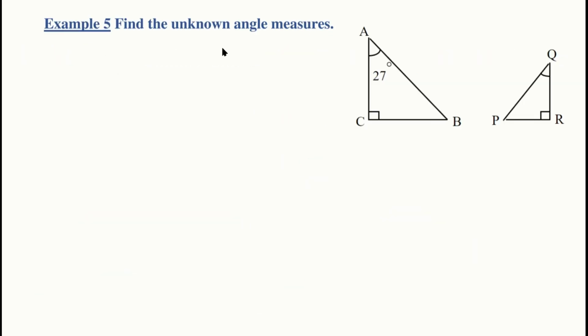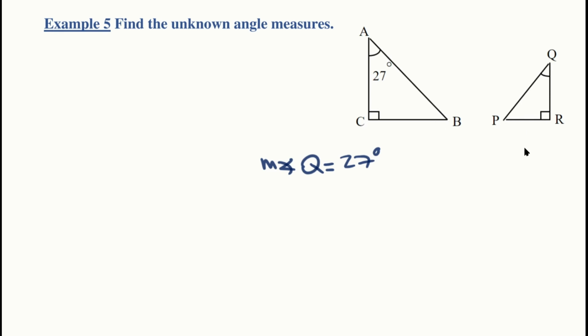All right, here we're going to find the unknown angle measures, right? Now we're going to notice the fact that they have the equal marking on these two angles. So of course, Q should be 27 degrees, right? And these two are both right angles, so they're congruent. So that's going to make these two congruent as well, right?